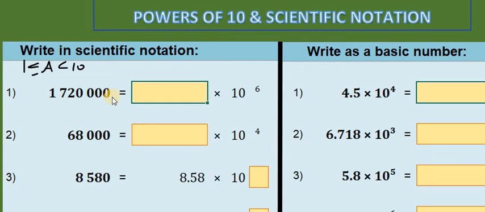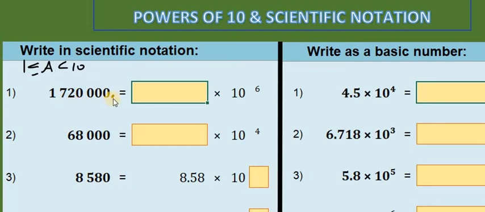So the point is at the end here in this number. As long as we're trying to count backwards, we need to get this first number here as a number between 1 and 10. So we need to shift this point to a position where this number is now between 1 and 10.